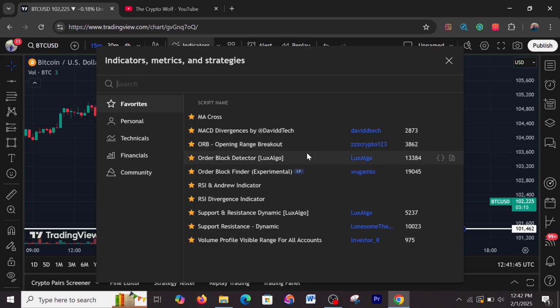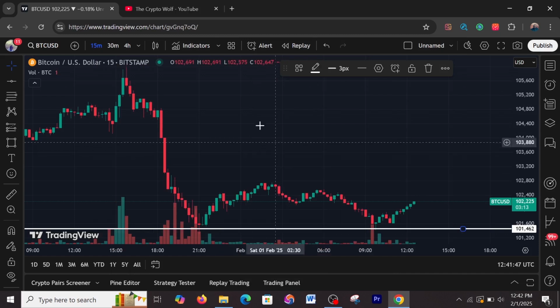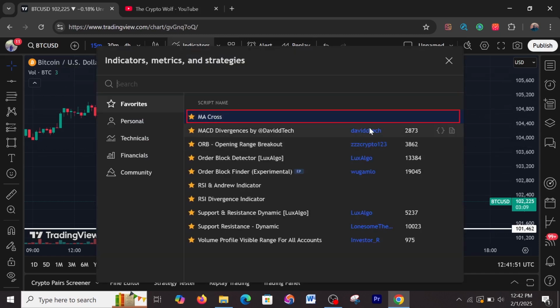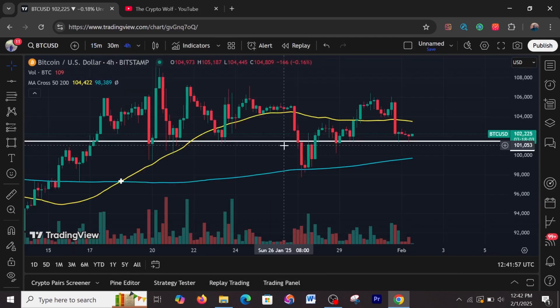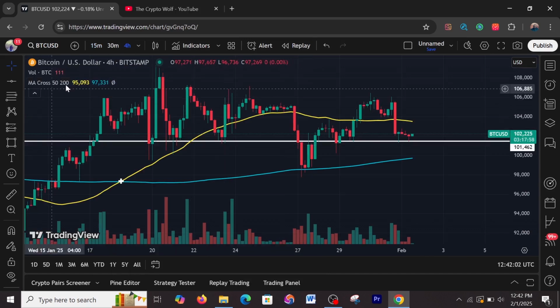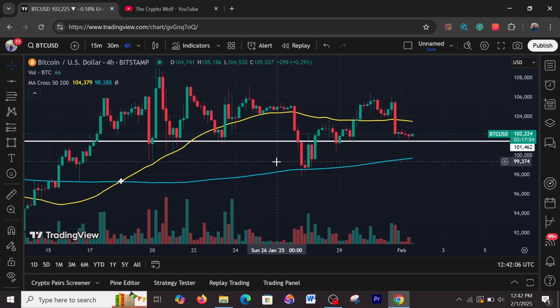So the last but not the least indicator is the MA cross. This is a built-in indicator by TradingView. It's just moving averages, two moving averages. You can adjust them as you see fit. For me currently, I'm using 50 and 200.